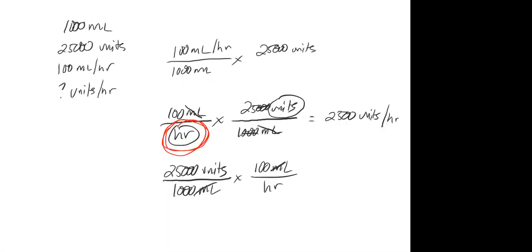So like I said, there's no one way that does it right. Both of these come to the same answer, no matter how you set it up. But if it was helpful for you to keep in mind units first or milliliters first, then do it that way. And if it's more helpful to start with your flow rate first, then I would say do it that way.